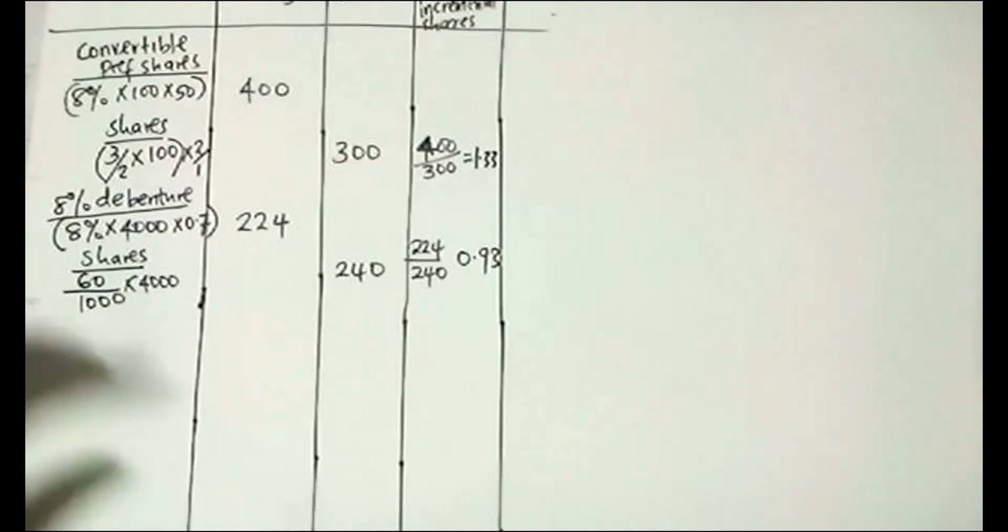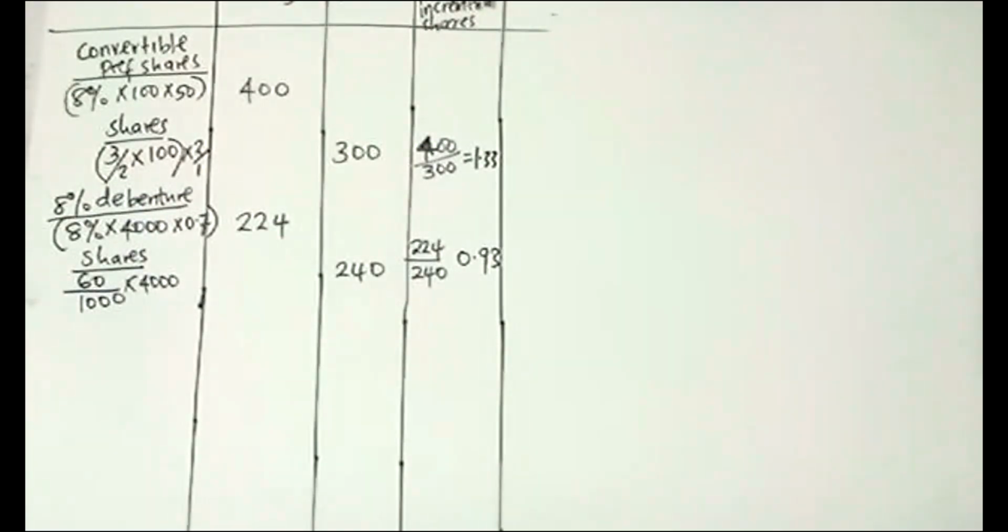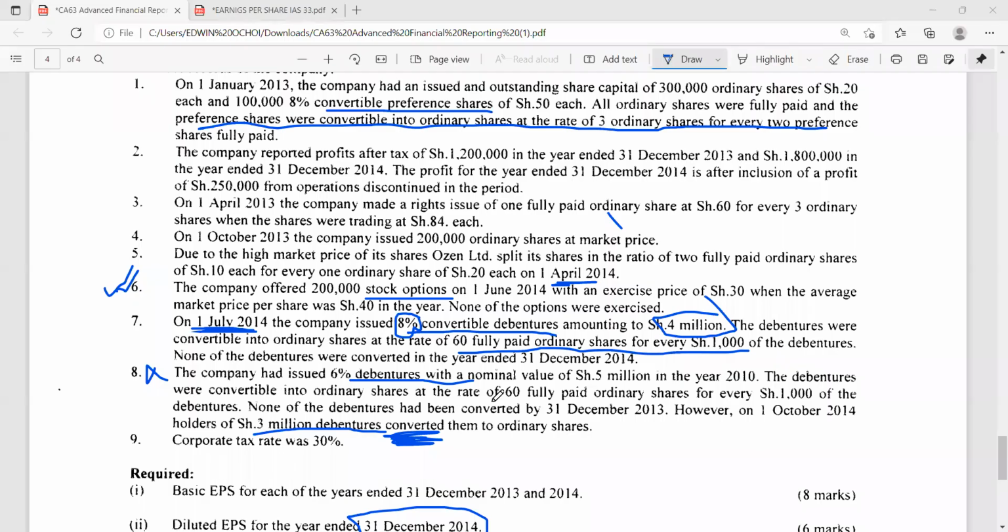All right, the next one was the last additional information. Again, it's a debenture, but now this debenture of 5 million, 3 was converted. So when the security is converted, you first recognize the converted, then the unconverted.